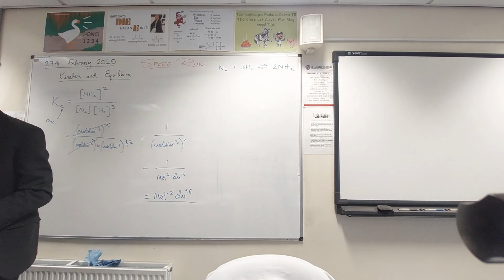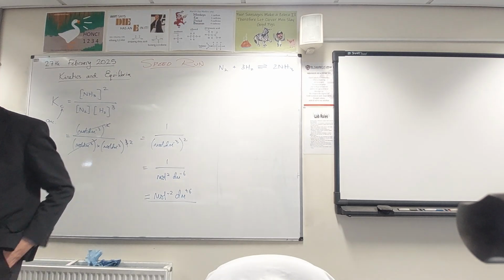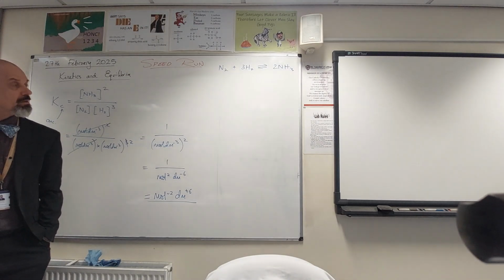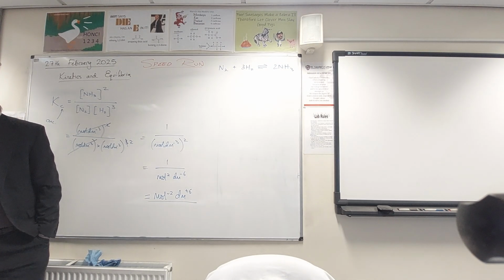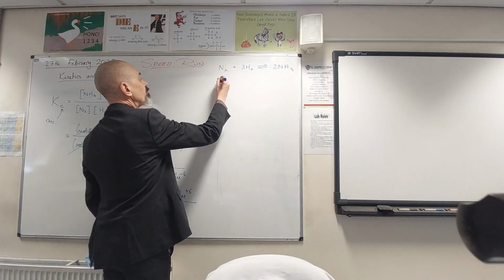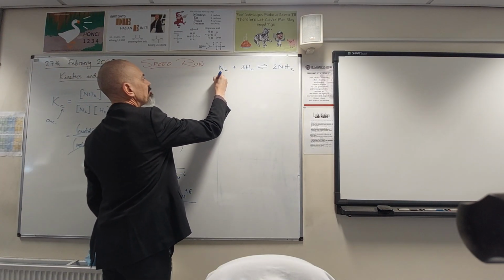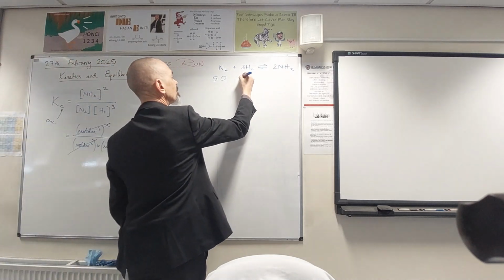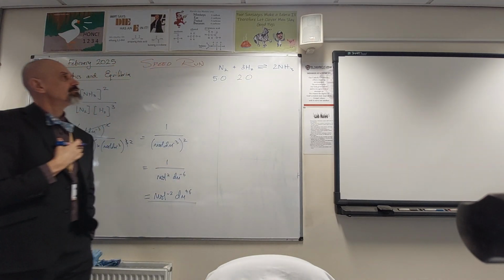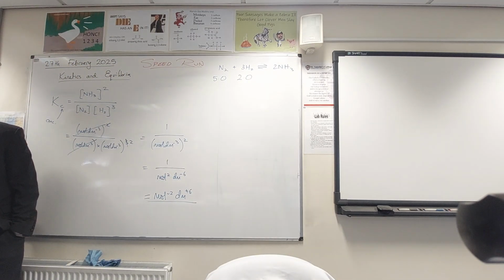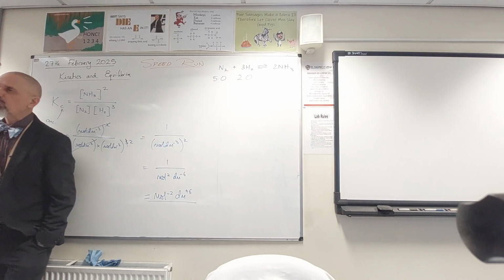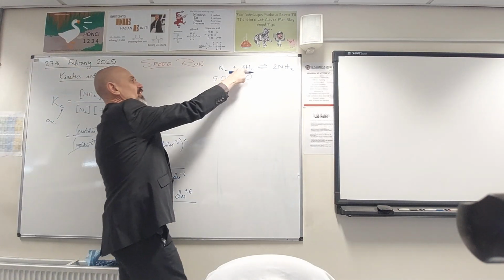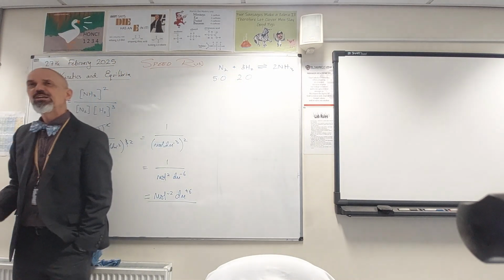Okay, so let's imagine that we're doing an experiment, and we're going to start off with, let's have 5 moles of nitrogen added to 2 moles of hydrogen. I've done this before, and people have said, no, hang on, shouldn't it be 1 of those and 3 of those? Well, it doesn't have to be.